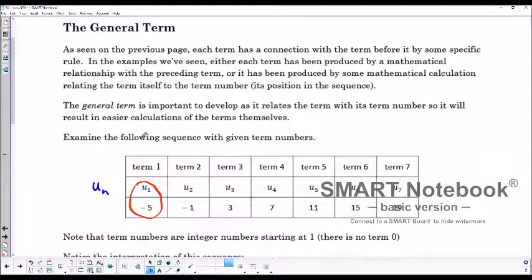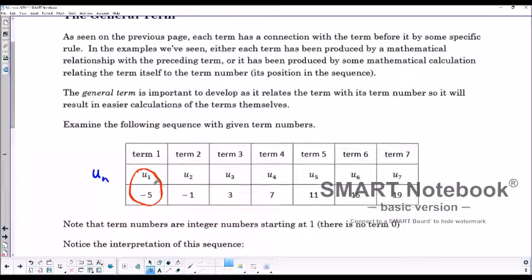Once we can get the general term, which is generally the trickiest part of finding a sequence, it gets a little bit easier with practice, but the first few times it might be a little challenging. So you have to look at the term and the term number and see, what can I do with that 1 to get -5?